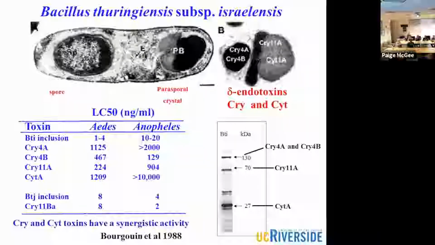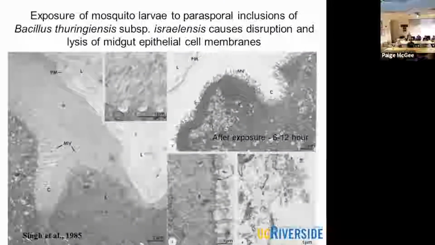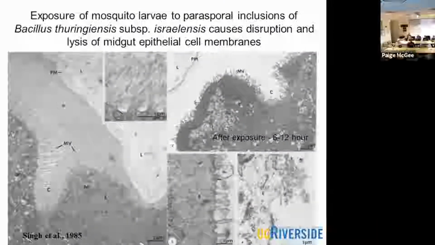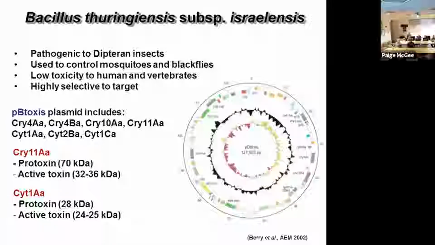One of the features that is known, that has been done, which Brian has done a lot also, is that the Cry and Cyt toxins have a synergistic activity, and they play an important role in the overall toxicity of this particular strain. So the mechanism, crudely, is that it acts on the microvilli. On the left-hand side are the microvilli on an untreated insect, and if you treat it, the microvilli are destroyed, which basically leads to cell lysis.